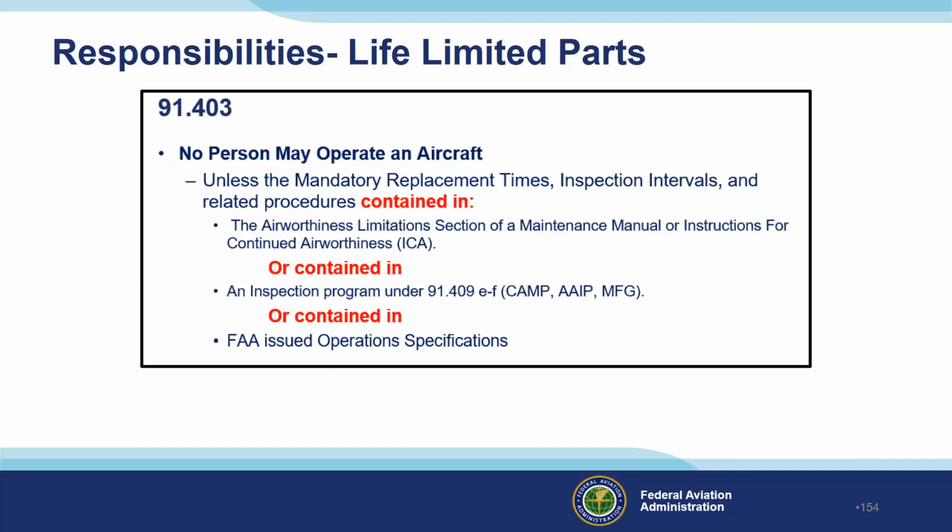And 91.403 makes the operation of an aircraft illegal if the mandatory replacement times, inspection intervals, and related procedures are in an airworthiness limitation section of the maintenance manual or ICA, or in an inspection program for those aircraft that have an approved or accepted inspection program, or contained in FAA op specs.